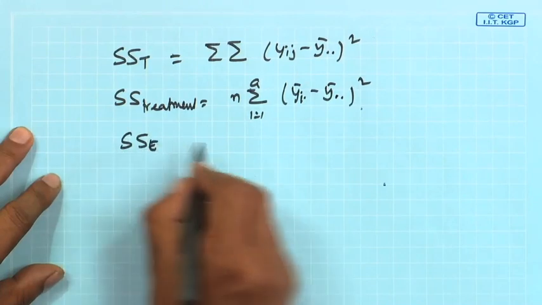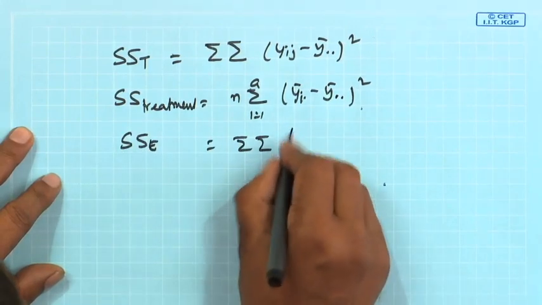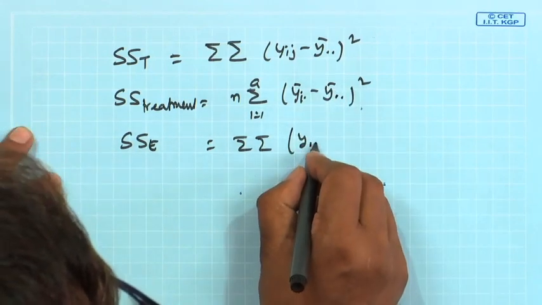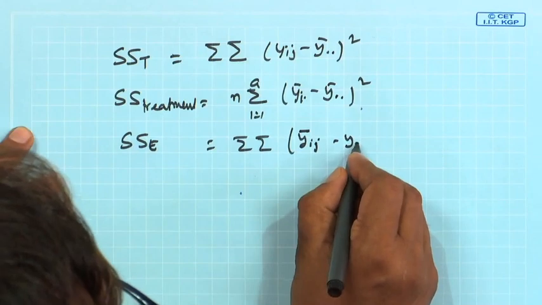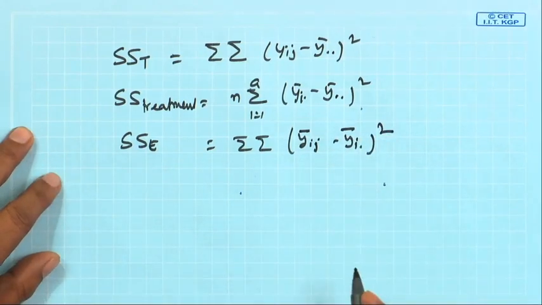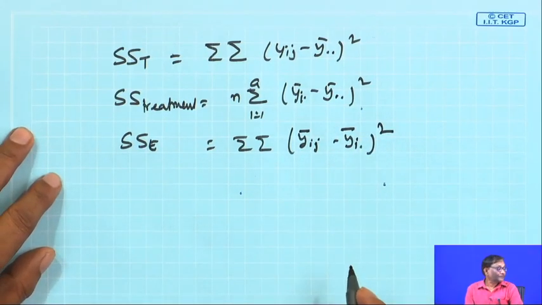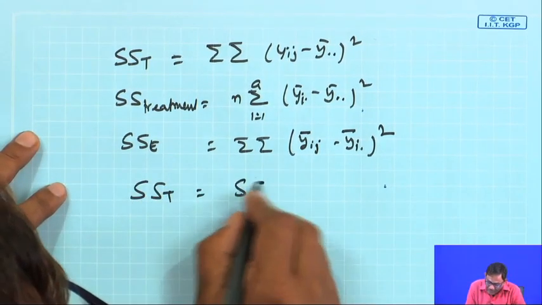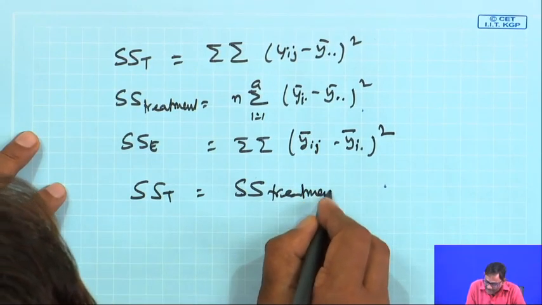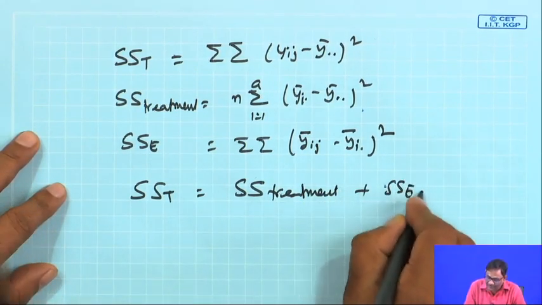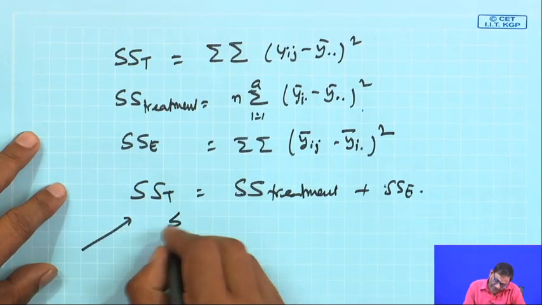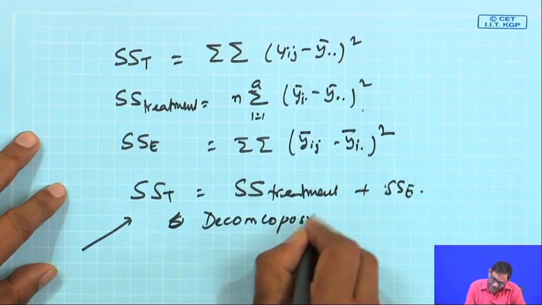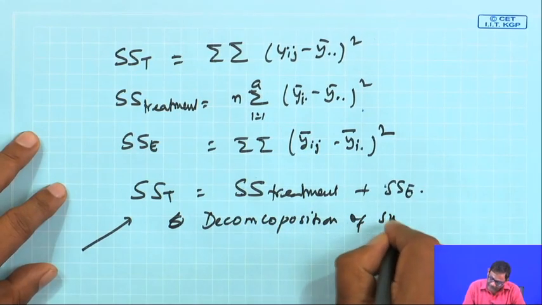And there will be SS error, again a double sum of (y_ij minus y_i dot bar) squared. Interestingly, what we have achieved is SST equal to SS treatment plus SS error. This is known as the decomposition of sum of squares.